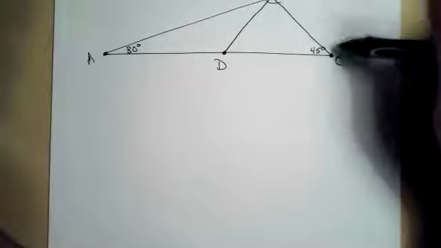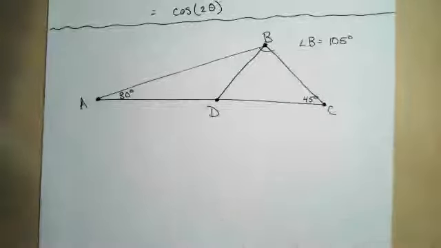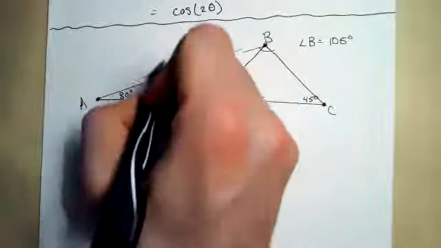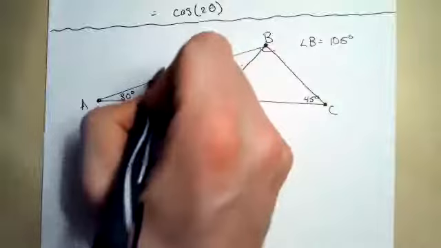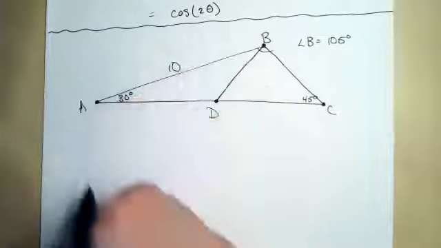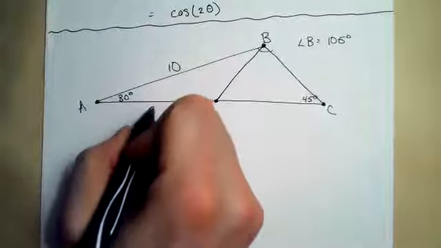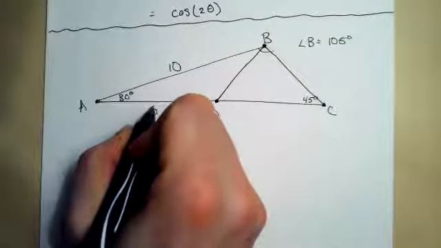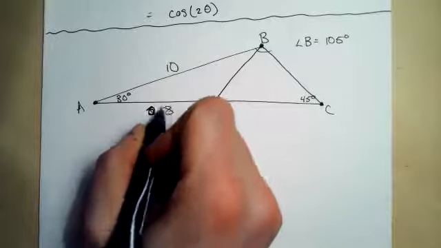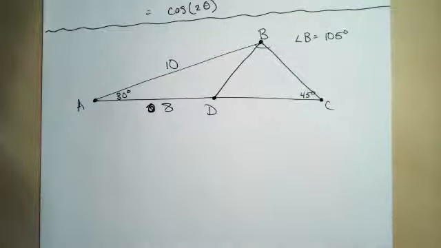Let's see how many do we need. Let's say we've got 10 and then 5. Let's say 7 for that piece. And we'll make it 8 since it's not coprime.